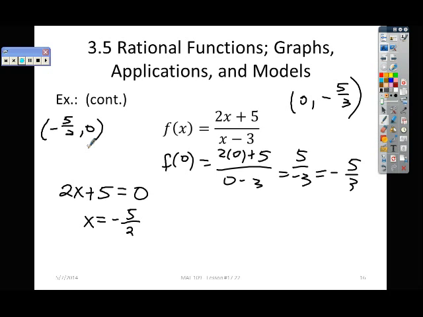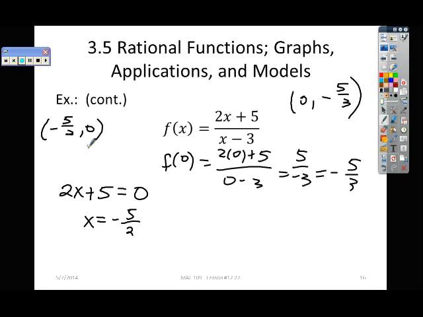In either case here, when we were trying to find the asymptotes, if I set the denominator equal to 0 and solve and get imaginary number answers, it does not have any vertical asymptotes. If I get real number answers, that's an asymptote. But if I get imaginary numbers, it does not have any.